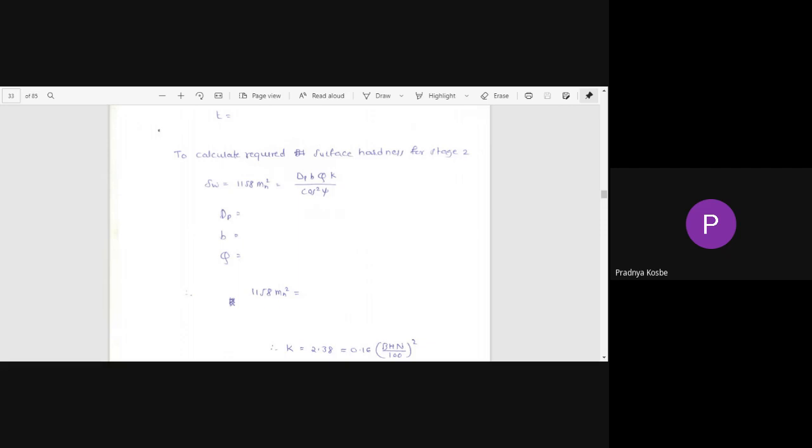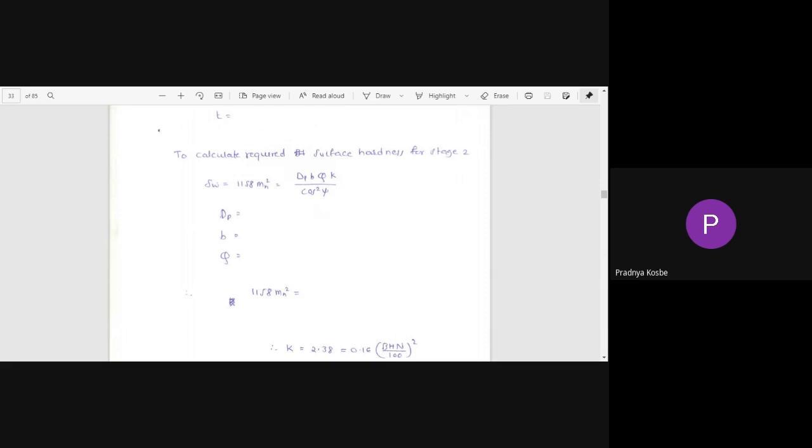So to calculate the required surface hardness for stage 2, SW, that is 1158 Mn square, is equal to dp/bqk divided by cos square psi, where dp is what?